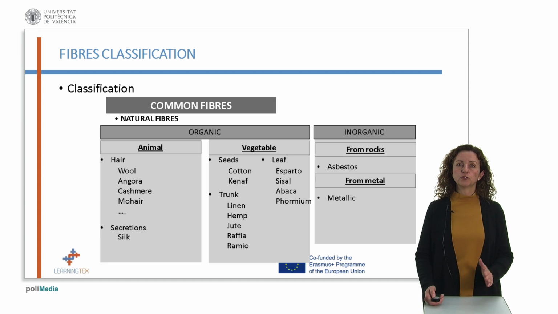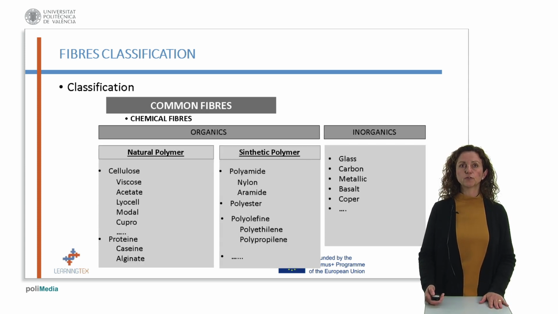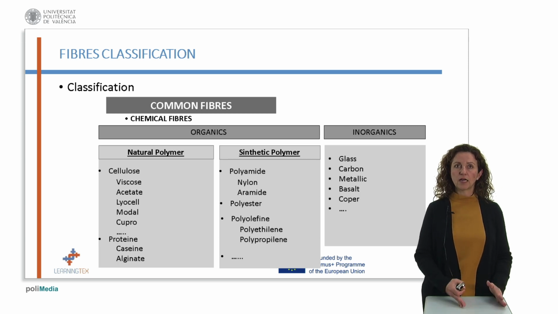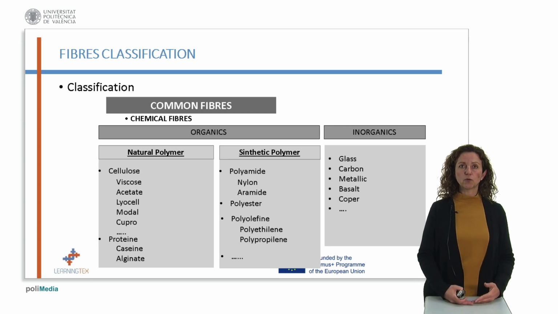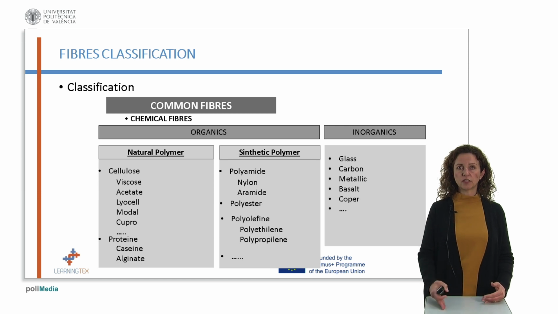If we move into inorganic fibers, we've got two big groups, from rocks, such as asbestos, or from metals, which are the metallic fibers. And this is the general classification for natural fibers. If we move to chemical fibers, we can observe the same, organic ones and inorganic ones. Inside the group of organic ones, they belong, for example, to natural polymers or synthetic polymers.